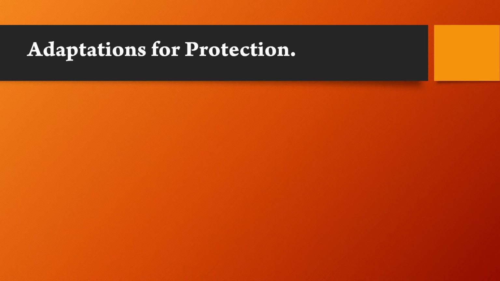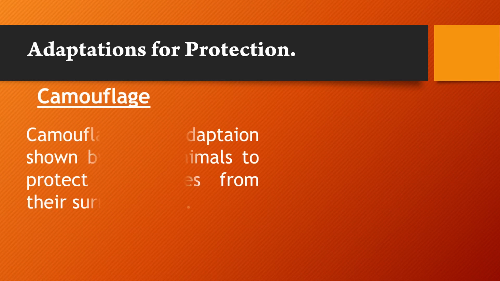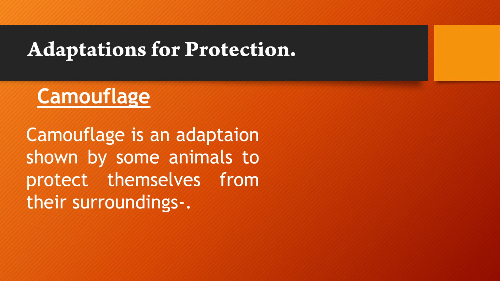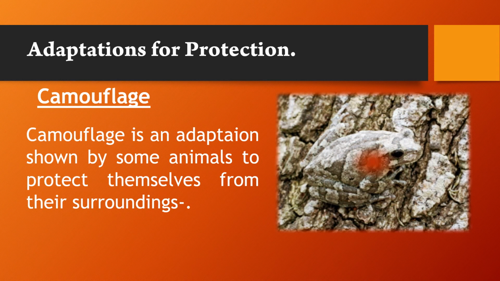Next, adaptations for protection. Some animals have special body features that help them to protect themselves from their surroundings. The first thing is camouflage. Camouflage is an adaptation shown by some animals to protect themselves from their surroundings.